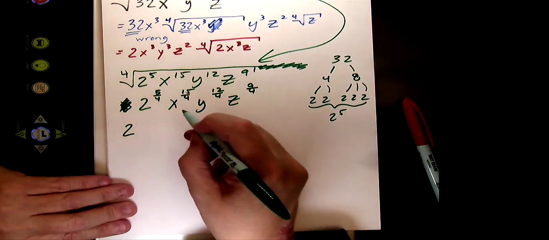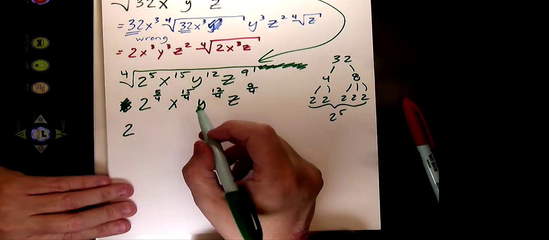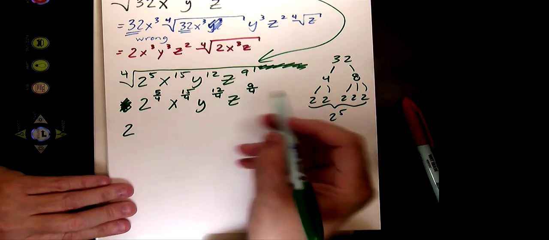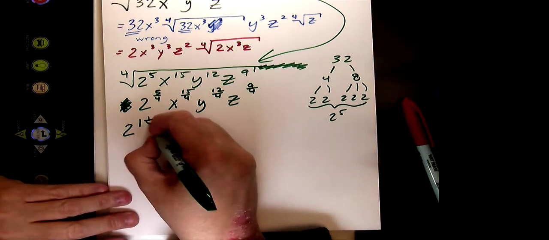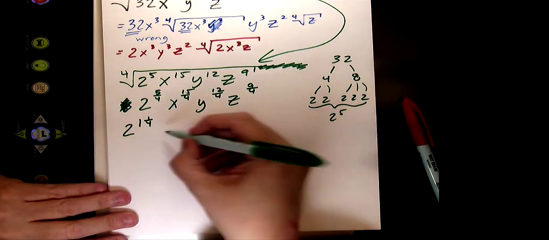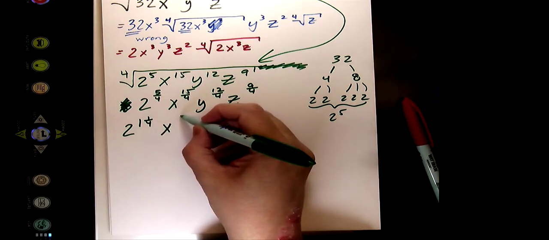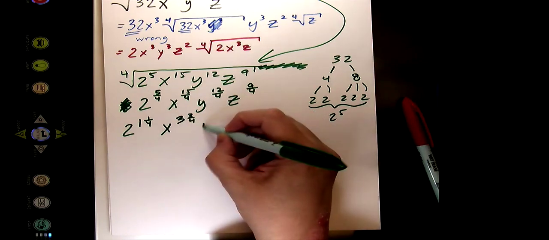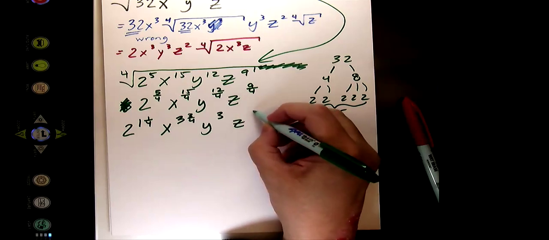Plus, doing this by hand will get you a little bit better working with fractions, which a lot of people hate, but usually it's just not a lot of practice with fractions. 5 divided by 4 is 1 1/4. 15 divided by 4 is 3 3/4. 12 divided by 4 is 3. And 9 divided by 4 is 2 1/4.